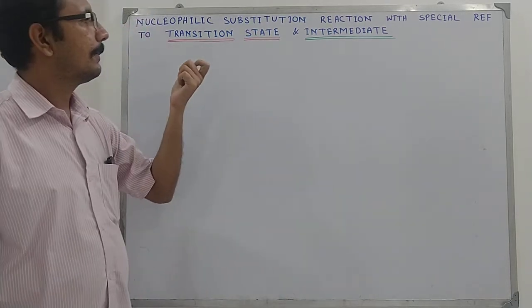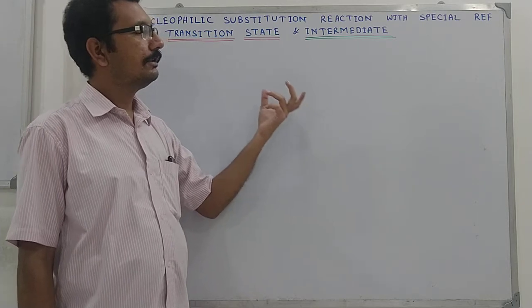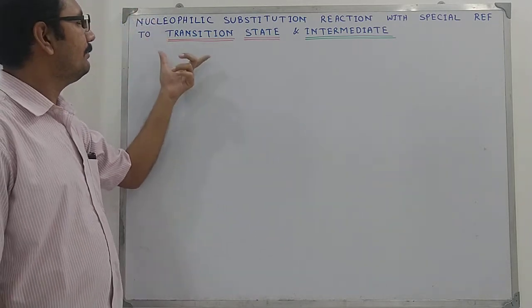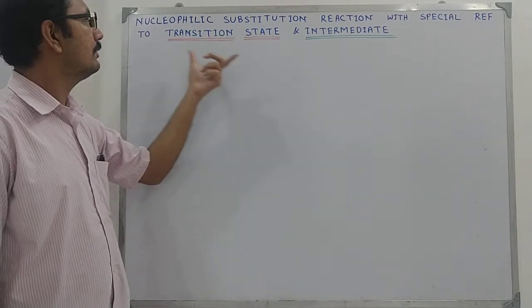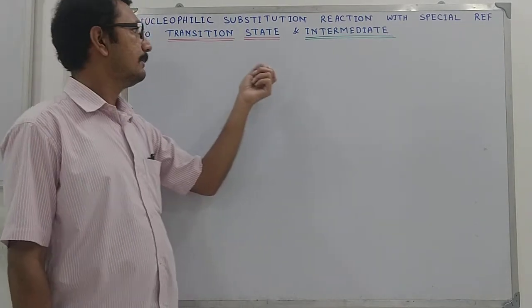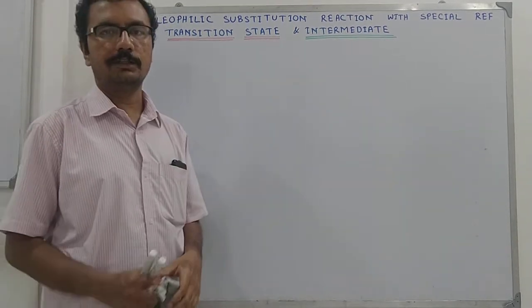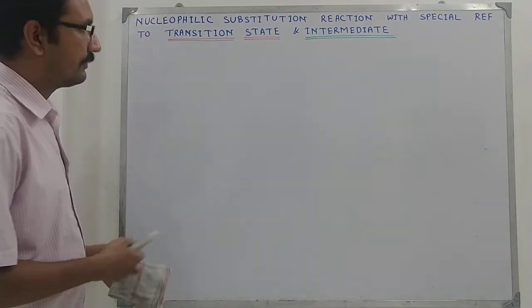The term important I have used because I will give a theoretical support of the properties which I will claim in the lecture regarding transition state and intermediate. So stay with me.